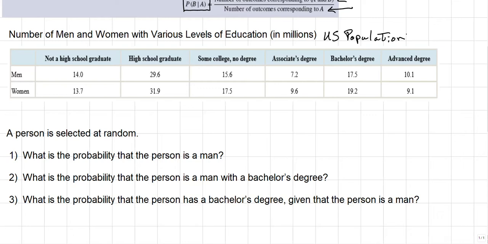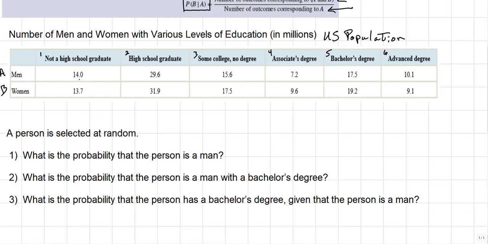You'll note that we have 6 categories: not a high school graduate, a high school graduate, some college no degree, associate's degree, bachelor's degree, or an advanced degree. Remember, these numbers are in millions, so this first one would represent 14 million. Then we also have categories A and B here, men and women.